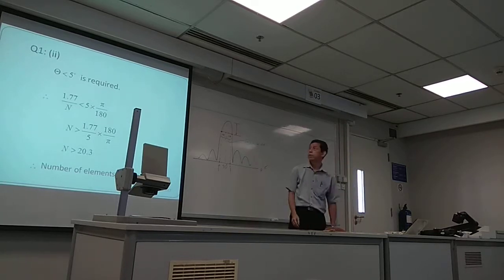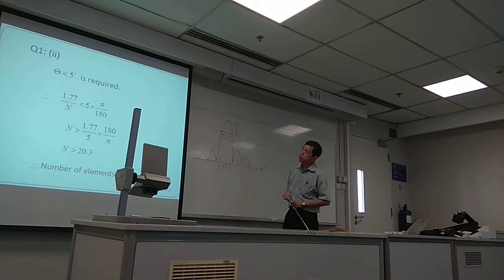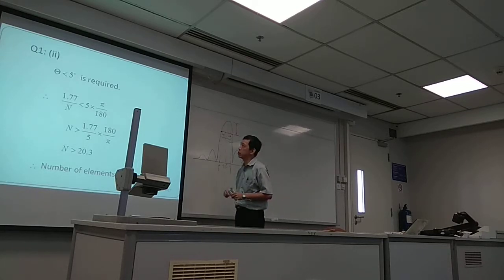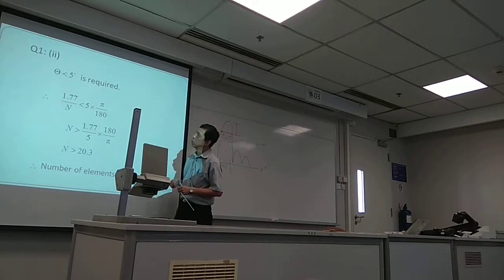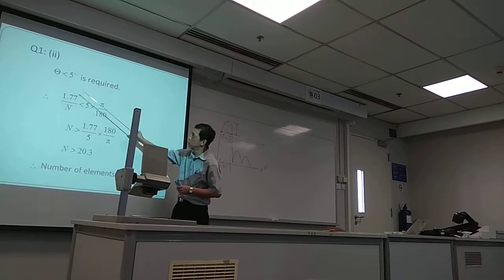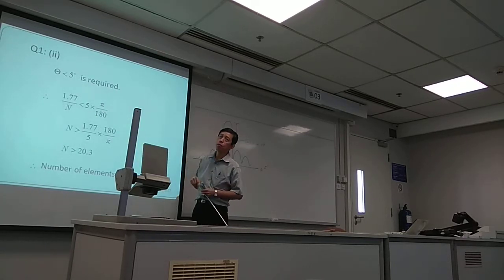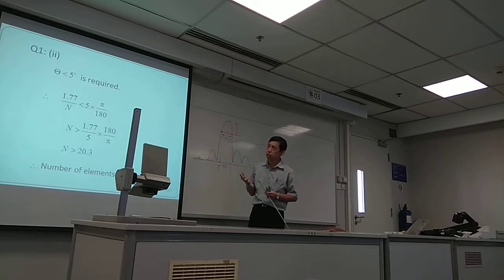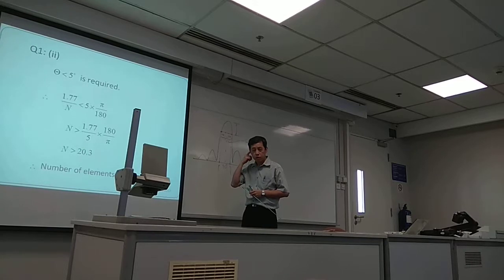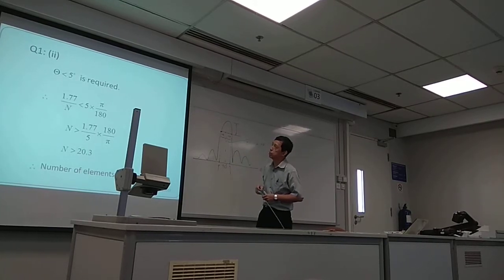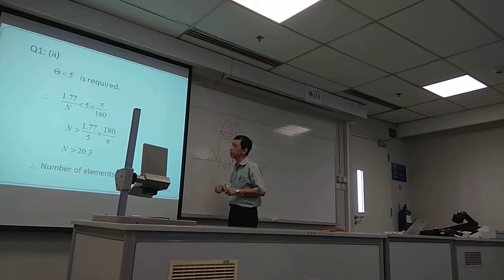Okay, now the second part of the question asks, if we would like to have a linear array with a beam width of less than 5 degrees, then how many sensors or antennas should you use?